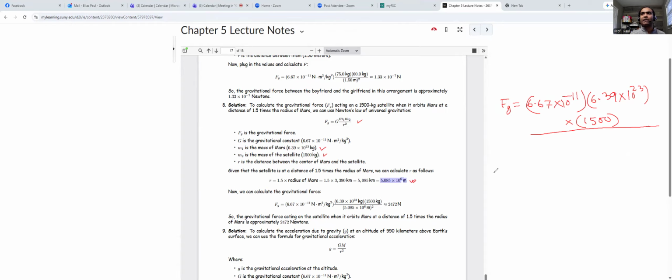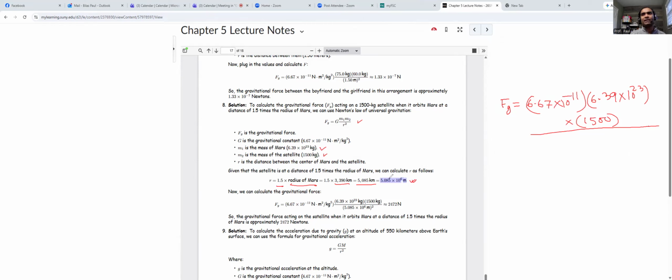We get 1.5 times the radius of Mars. Radius of Mars is given as 3390 kilometer. So in kilometer, the total distance from the center to the position of the satellite is 5085 kilometer, but we need it in meter, right?